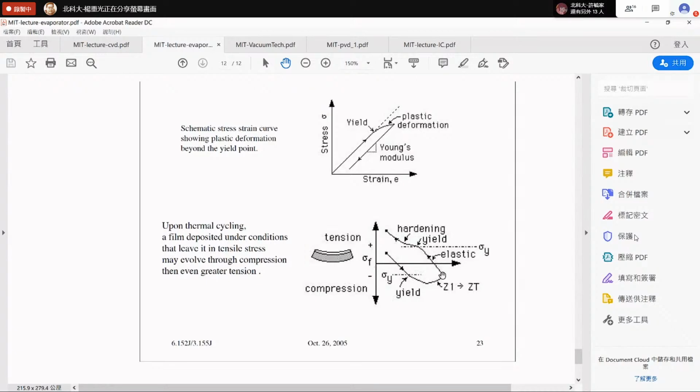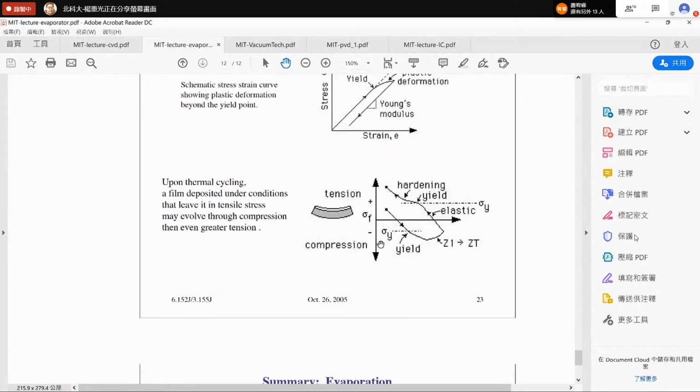So you get a higher tension, more than the original. Something like this. This part is tension. This part is compression. So you go from tension to compression, then to higher tension.